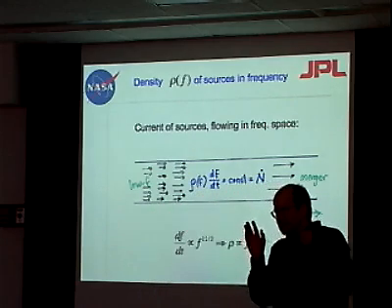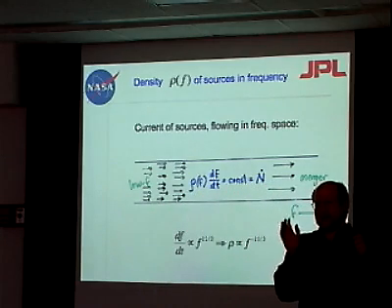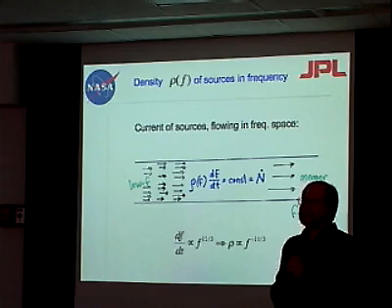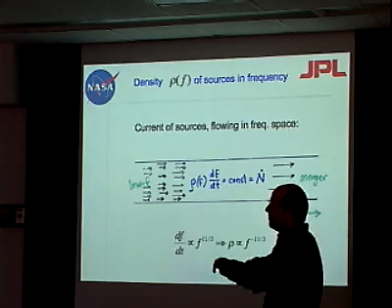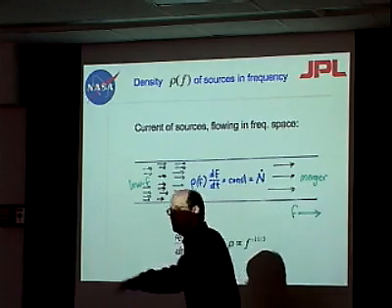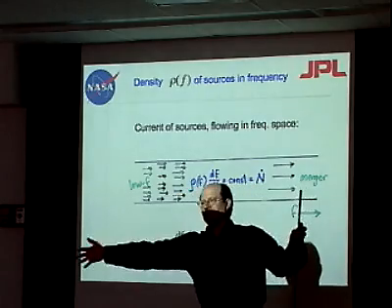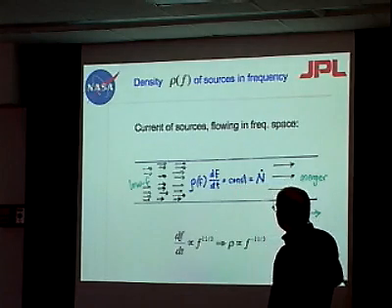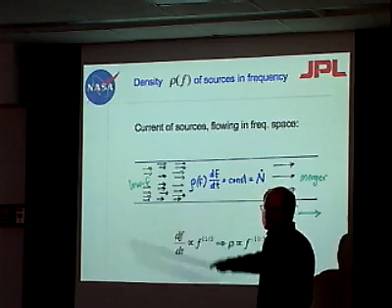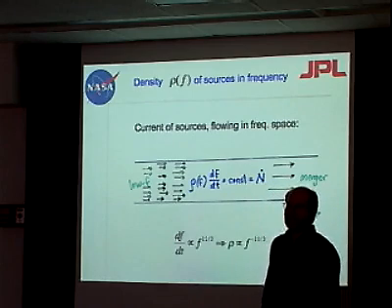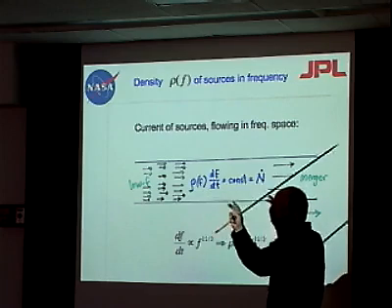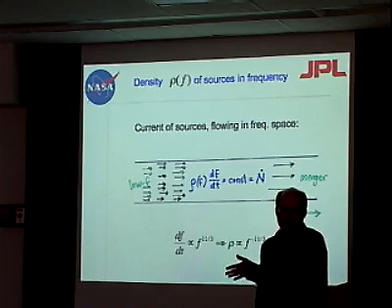It's interesting to also answer the question, what's the distribution of sources in frequency at any instant? And that's easy to see. You can think of all these sources that are coming in towards merger as like flowing through a big pipe, basically. They flow fast at high frequencies and slow at low frequencies. Clearly, over, say, a 3-year observation, the total quantity of fluid or sources in the pipe is not changing, right?